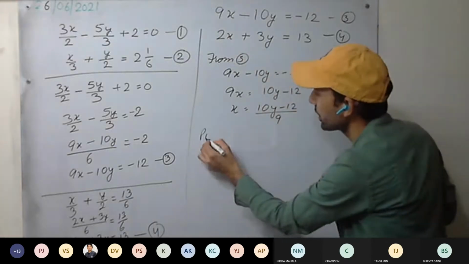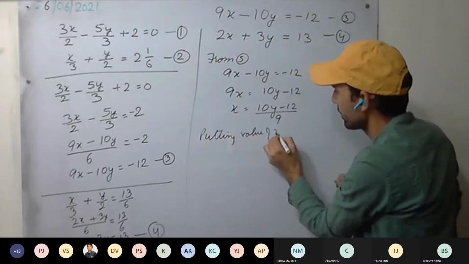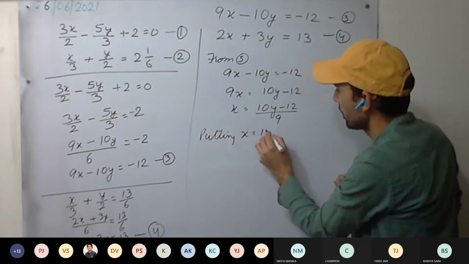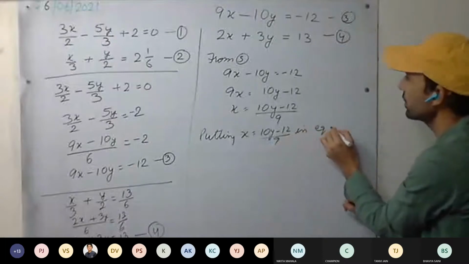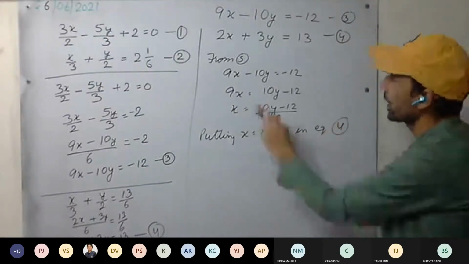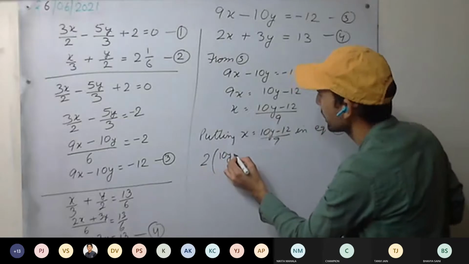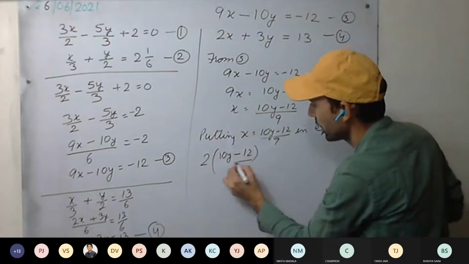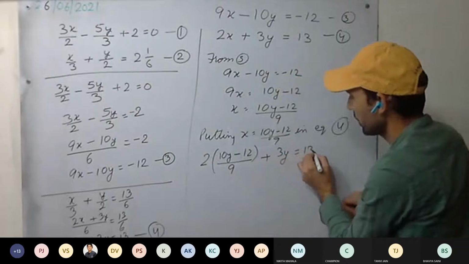Now putting x equal to 10y minus 12 divided by 9 in equation 4. As we put, it will be reduced to 10y minus 12 divided by 9 plus 3y equal to 13.